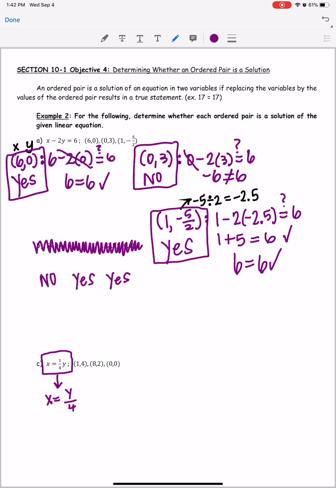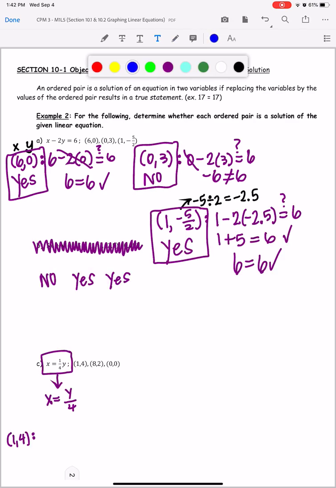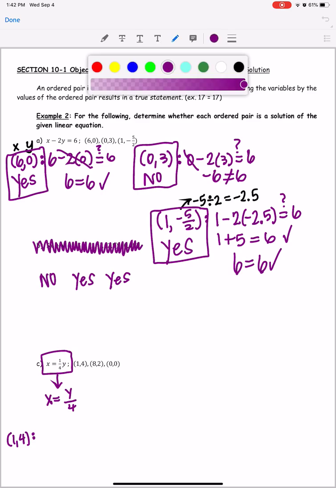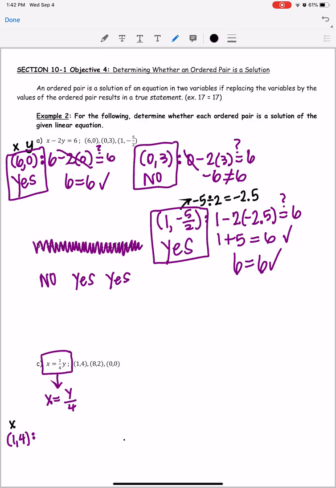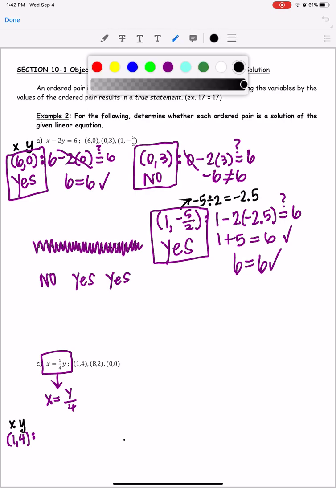So my first ordered pair is 1, 4. 1 is my x, 4 is my y.